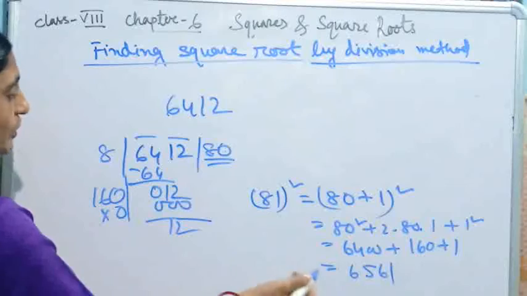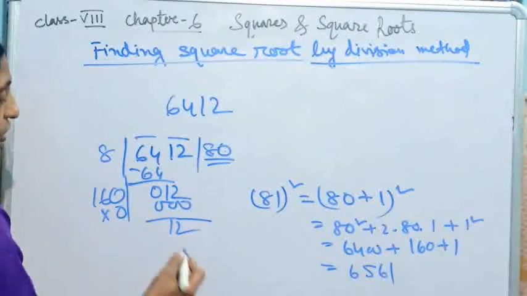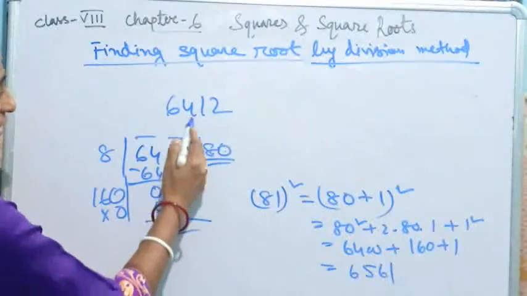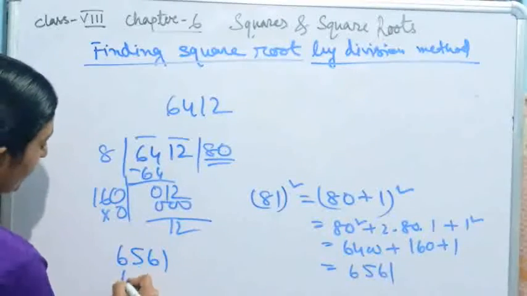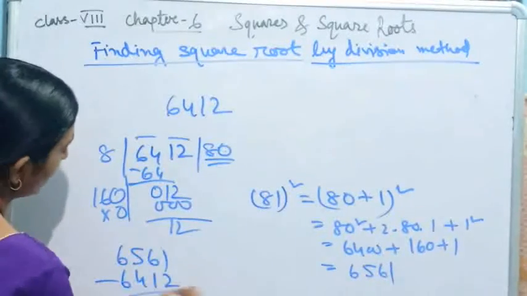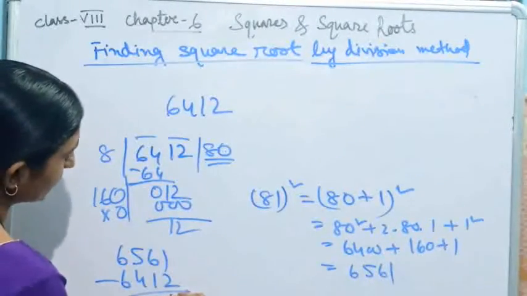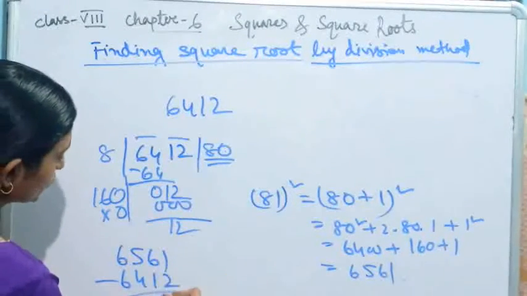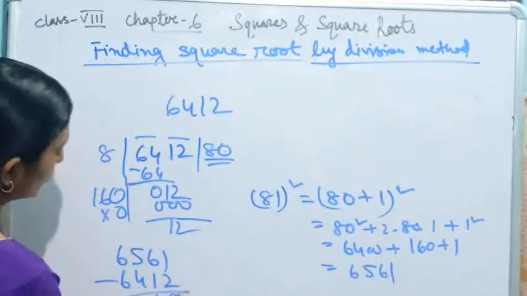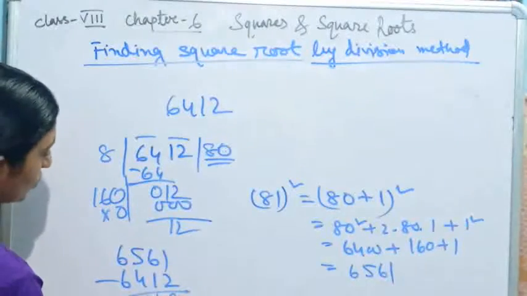So what more to add with this one? If I subtract 6412 from 6561, what will we get? It will become 149.